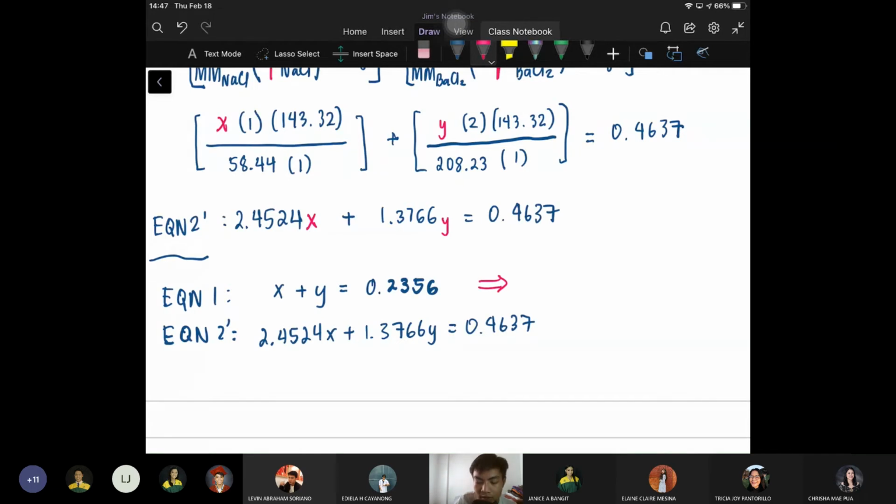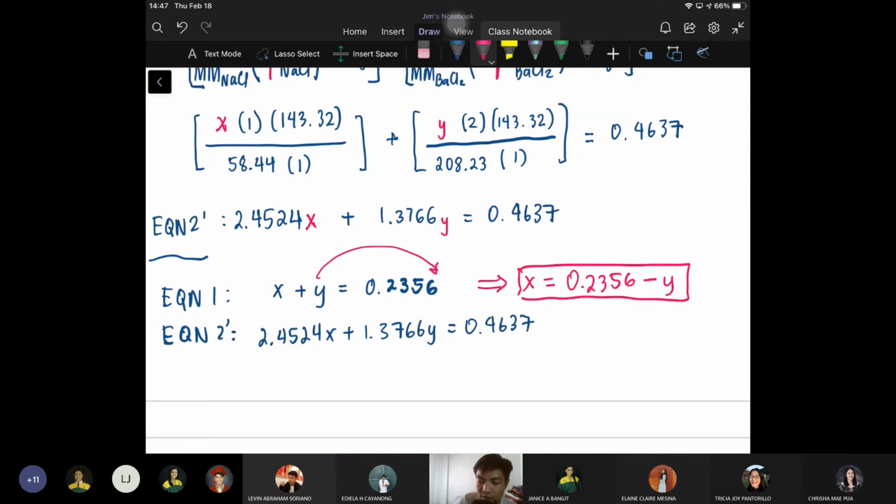Sabihin natin, let us convert equation 1 into x. No? So, paano yan? Lipat mo lang yung y sa other side. So, that will be 0.2356 minus y. So, itong value ng x na to, ito yung ipa-plug in natin sa equation 2. Okay? So that we can solve for the value of y.